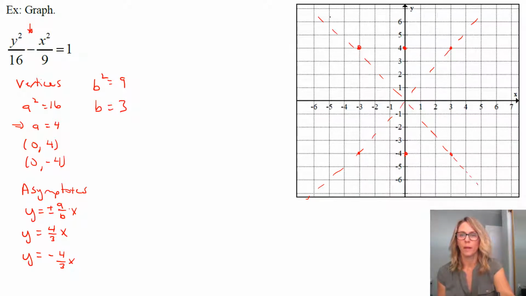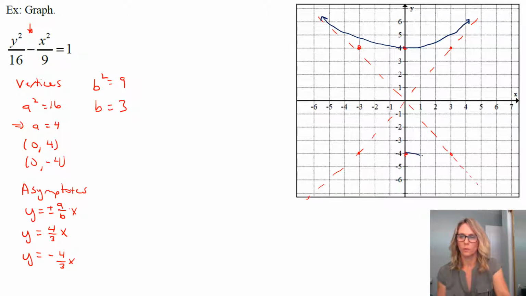And then all we do is start at the vertex there. And, well, it'll be easier for me just because of my tablet here to start on the side, close to the asymptote, and then I come down to the vertex, and then I go back up to my other asymptote. So here's half the hyperbola right here. There you go. And then we do the same thing down here at the bottom.